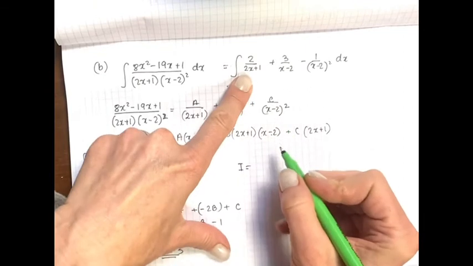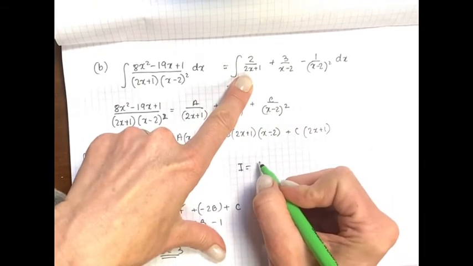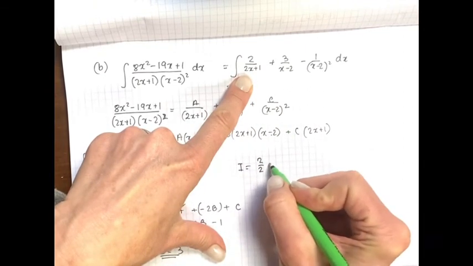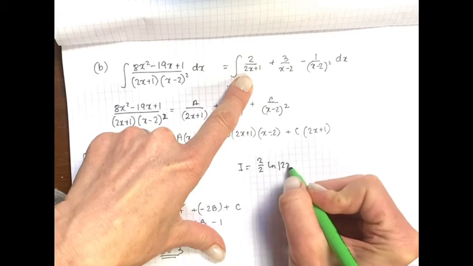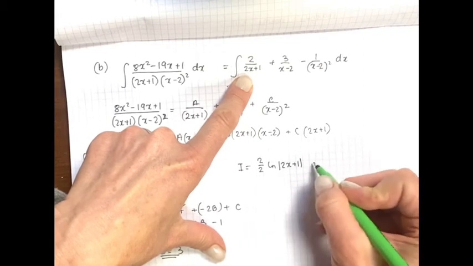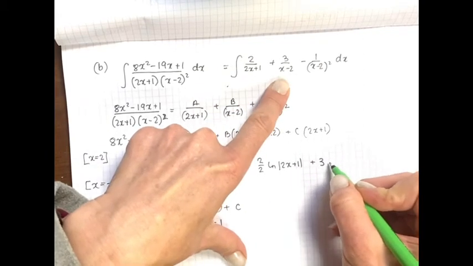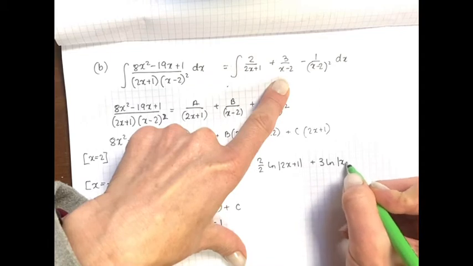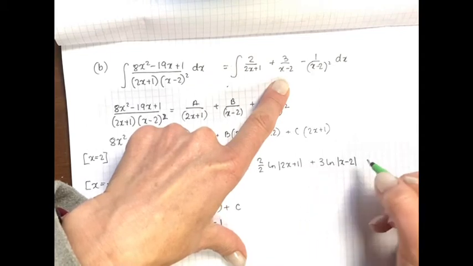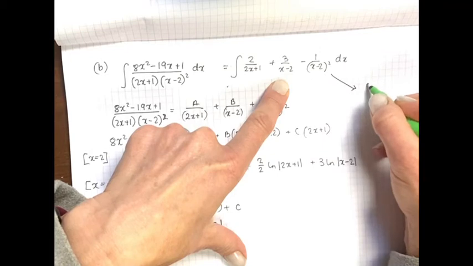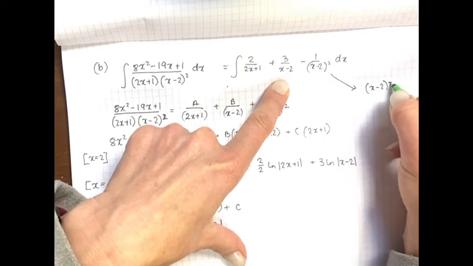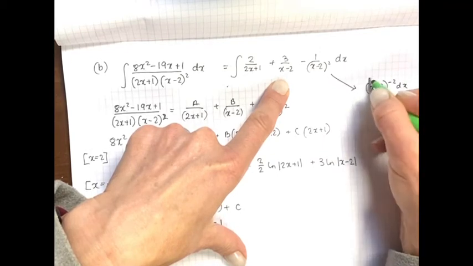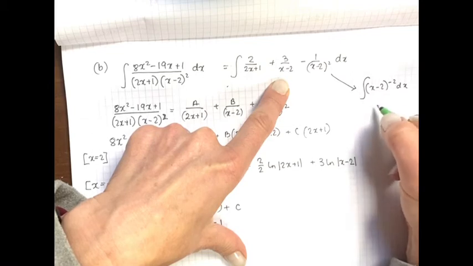So the first one here, I'll put I over here. The first one goes to 2 over 2 ln 2x plus 1. The second one goes to 3 ln x minus 2. And the third one here, we've got to bring it to the top and give it the power of minus 2. And we're going to add 1 to the power, divide by that power.